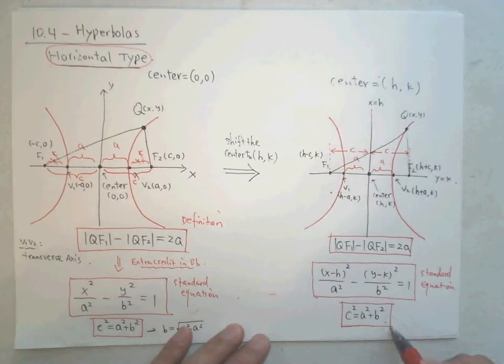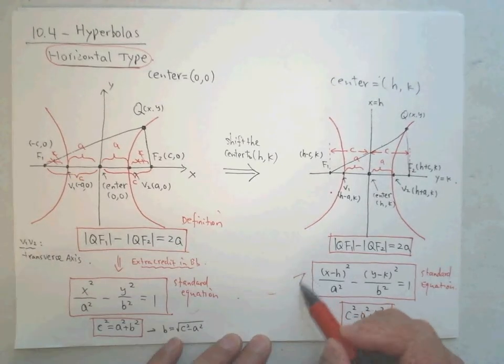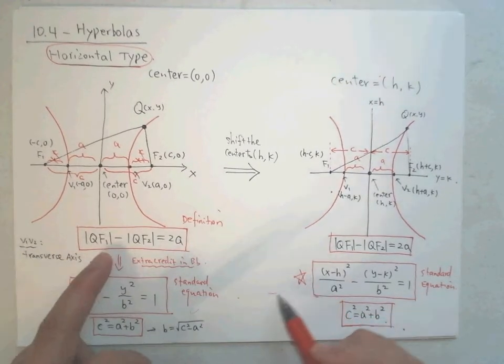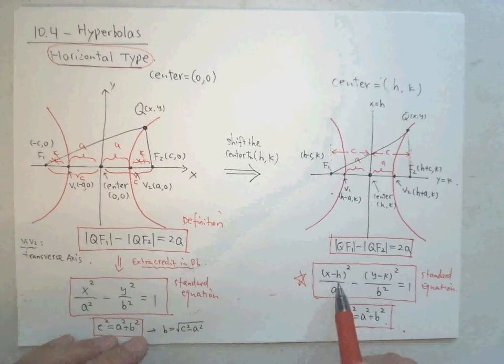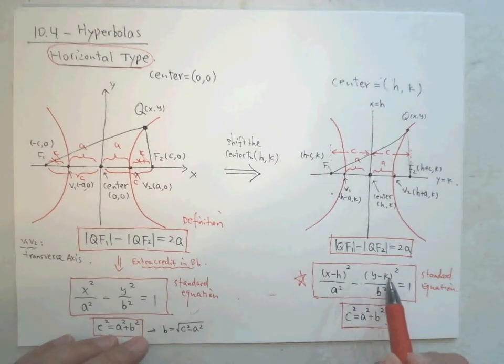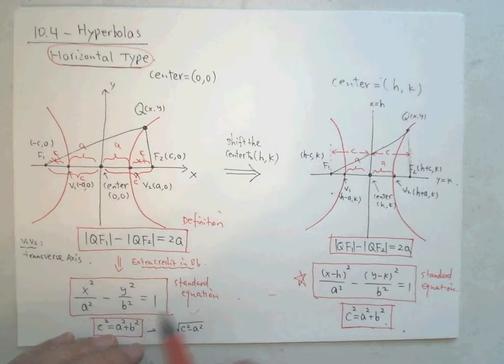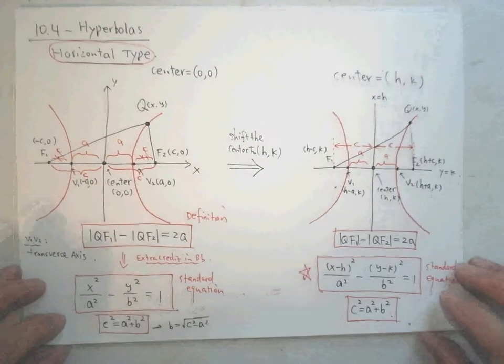No difference. And this is the most important special case: the center at (0, 0). When we put h equals 0 and k equals 0, it goes back to the special case. So this is the first type.